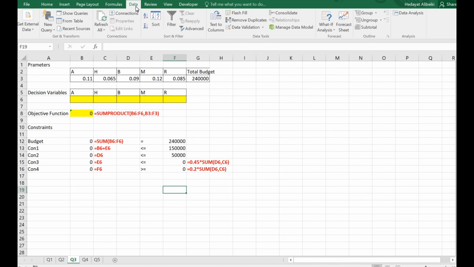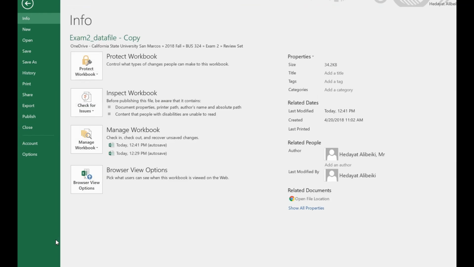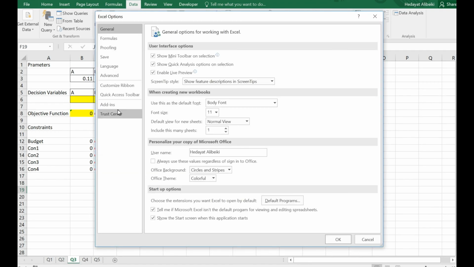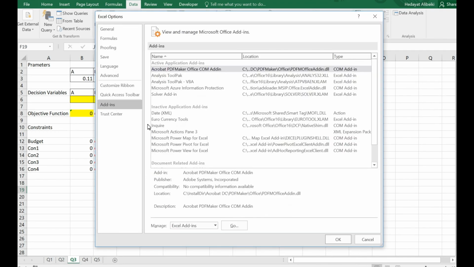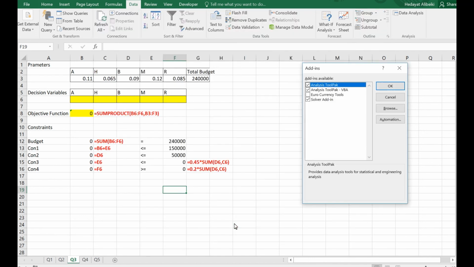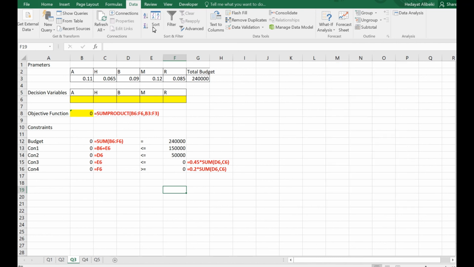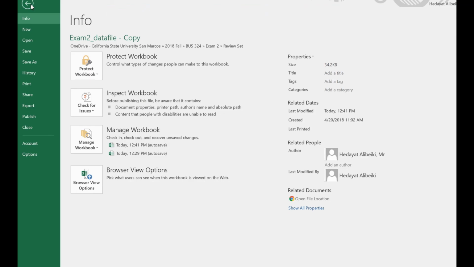So if we go to Data, and again, I don't have the solver here, I have to add it. Solver is checked, so let me uncheck once and do it again.